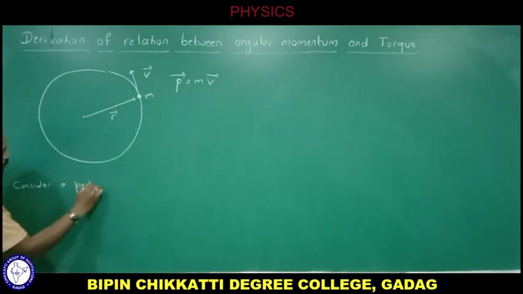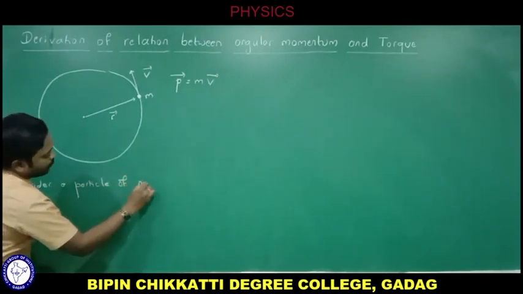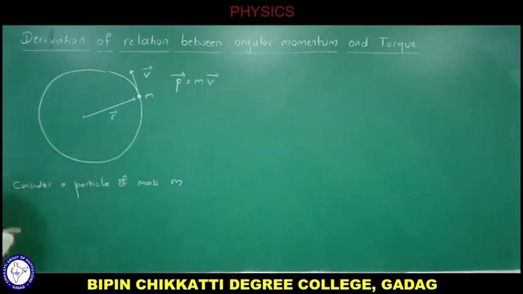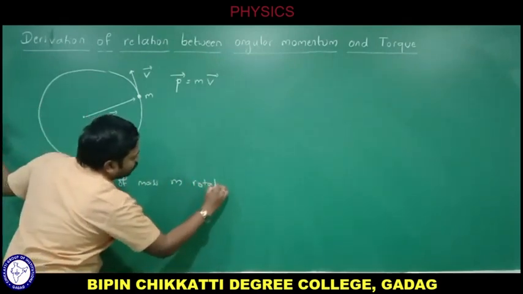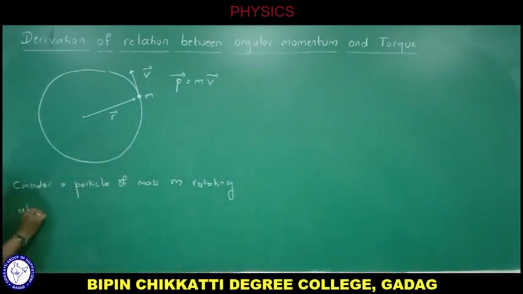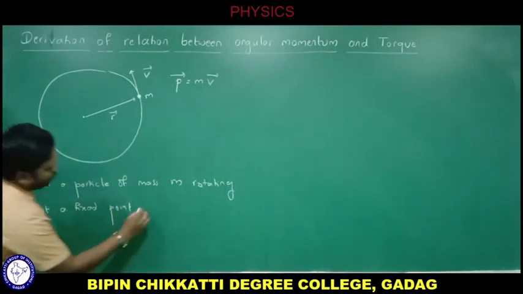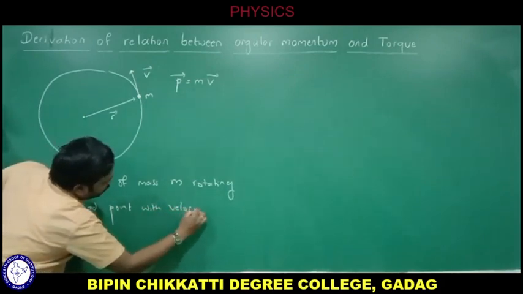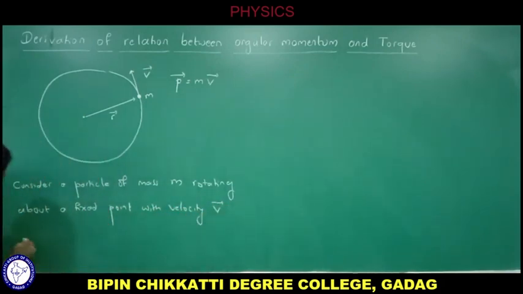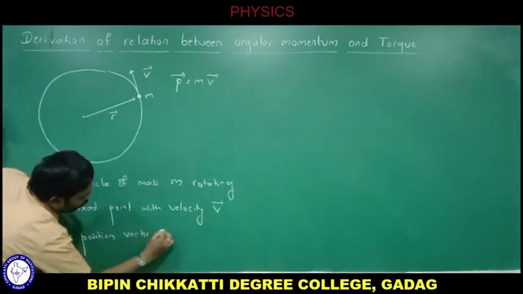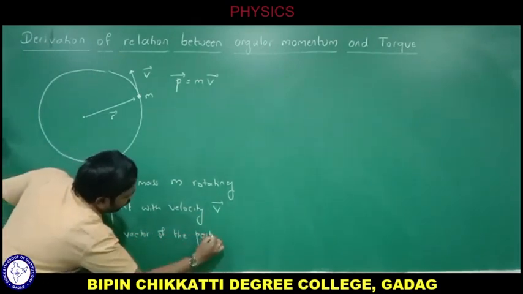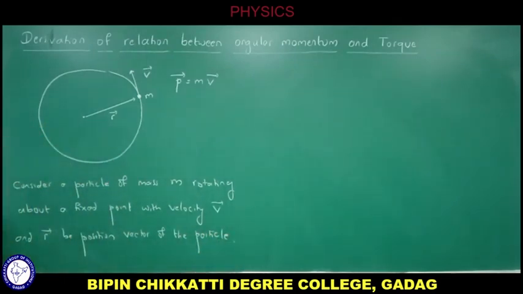Consider a particle of mass m rotating about a fixed point with velocity v, and let r be the position vector of the particle.